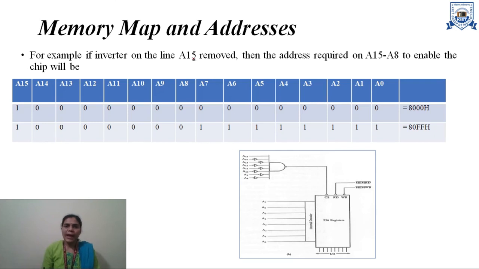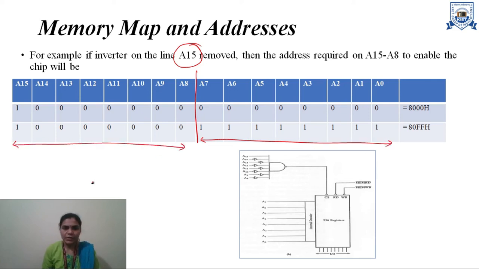Now, what will happen if we fix one address line to a fixed logic? In the previous example, we used 8 lines for register selection and 8 lines for chip selection. What will happen if one or more address lines in chip selection are set to logic high or a fixed logic?